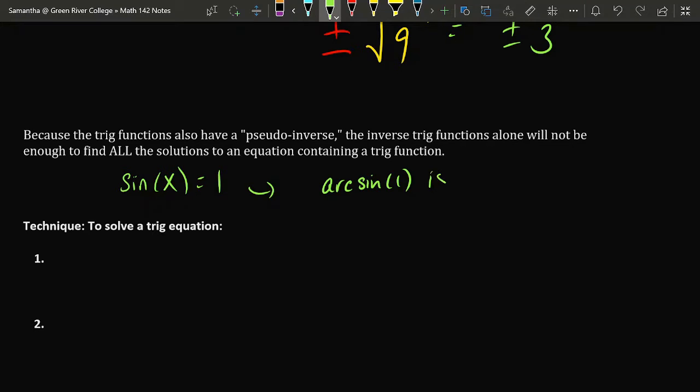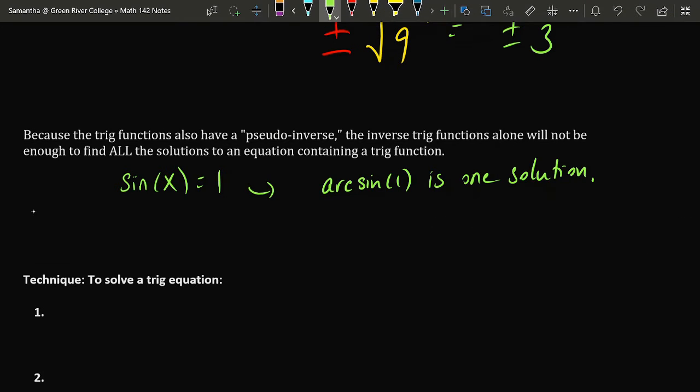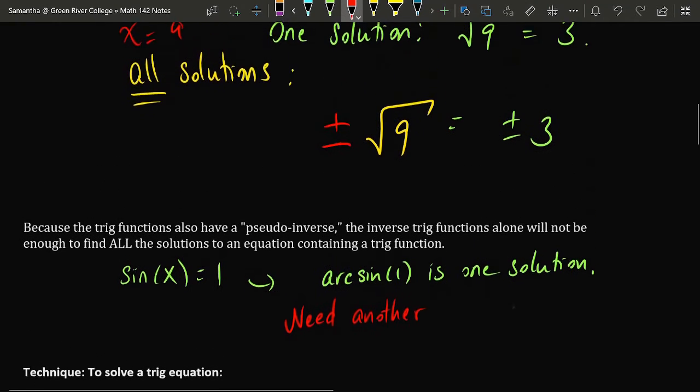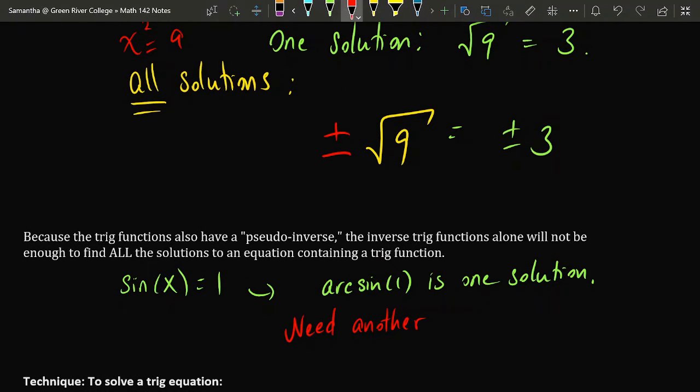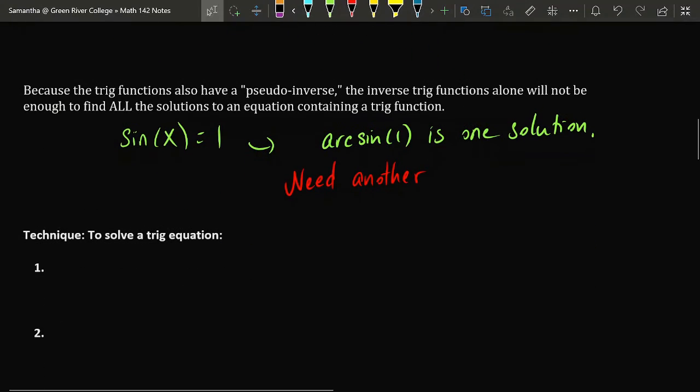Arcsine 1 is one solution. But it's not all of the solutions, and therefore to properly solve the equation sine of x equals 1, we need to use another tool to help us get from this singular solution to all of the other solutions.